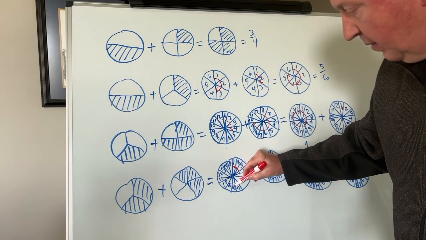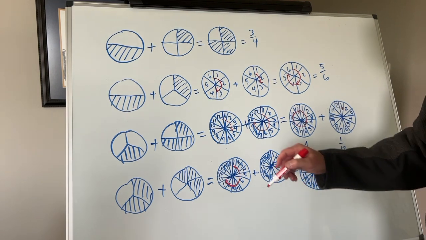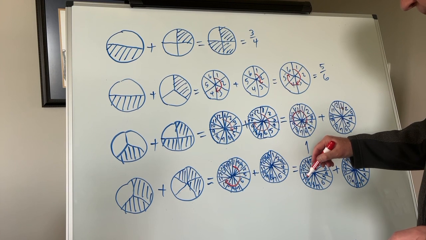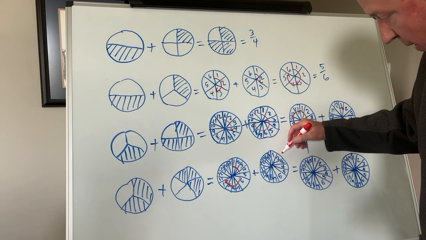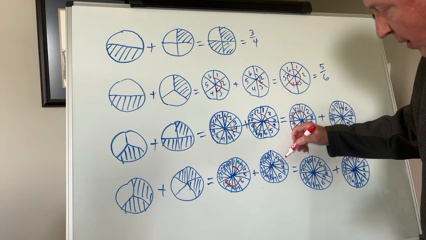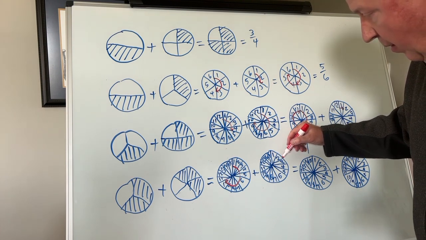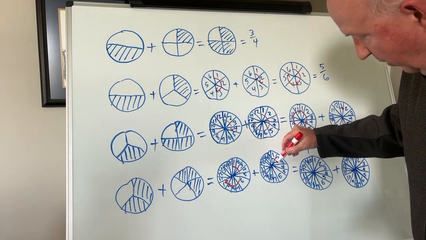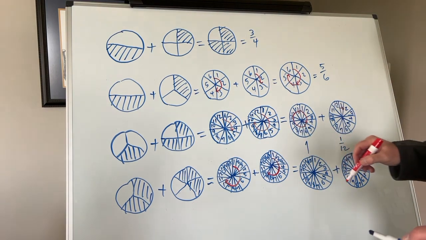So we take 10 of these, and then the 3/5 here, 1, 2, 3. One, 2, 3. Will be 9.